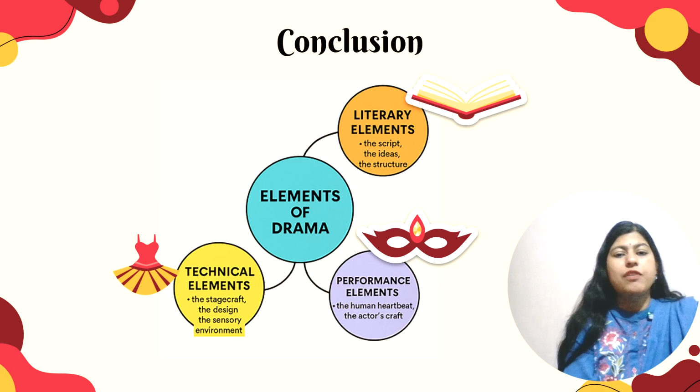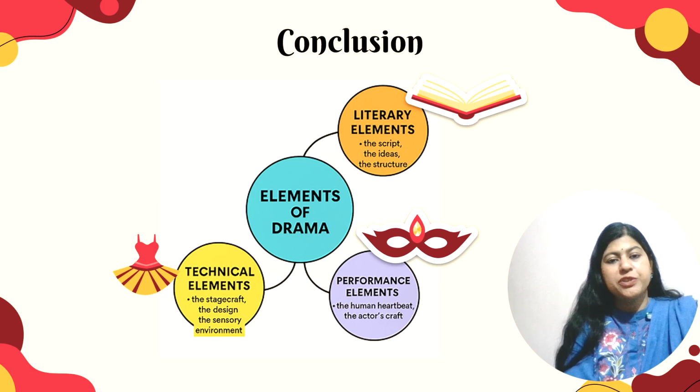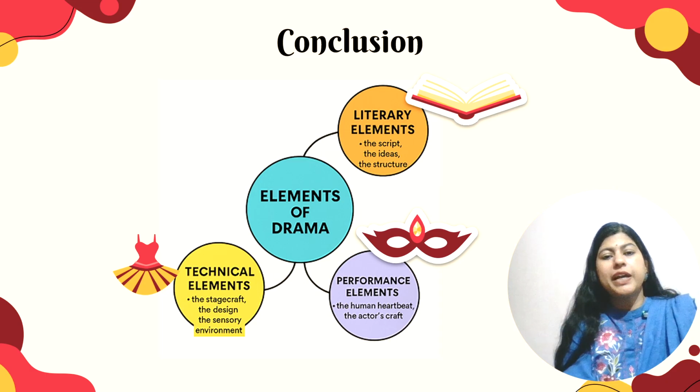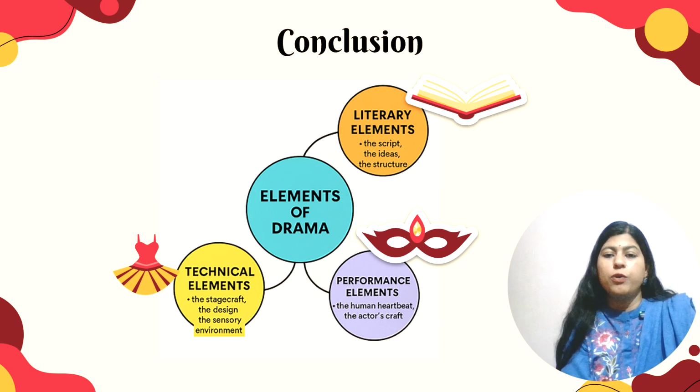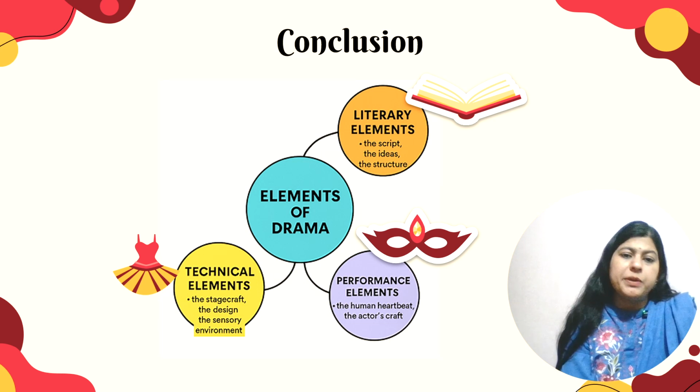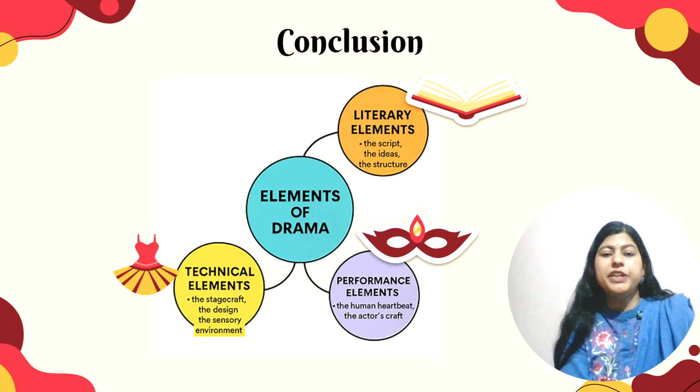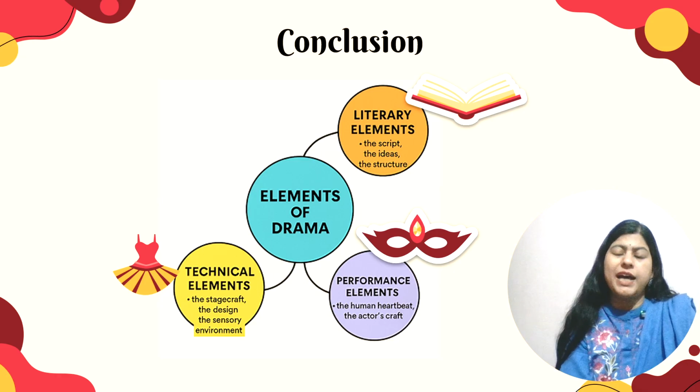We already covered literary elements in our previous lecture: the script, the ideas, the theme, and the structure. Secondly, the technical elements, which include stagecraft, lighting, costumes, sound, and the overall sensory environment. And the third, which we have just covered, performance elements, the human heartbeat of any theatre, the actor's craft.